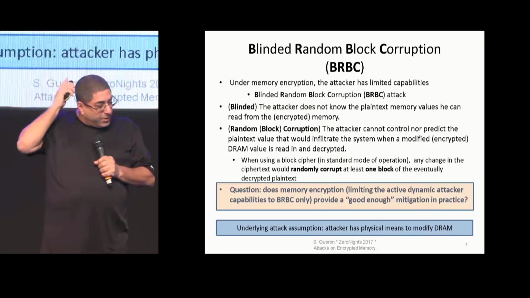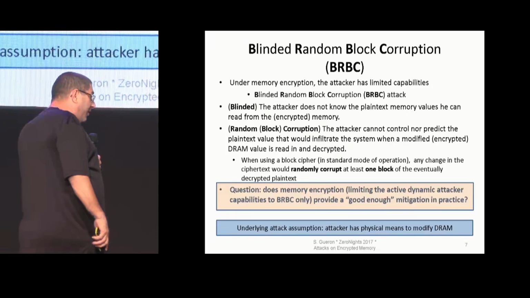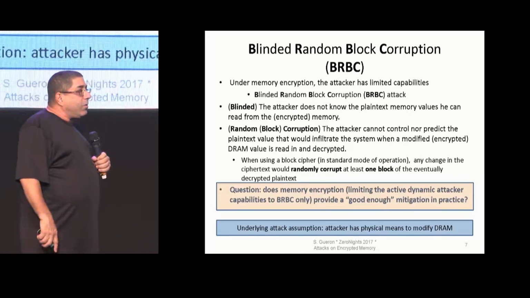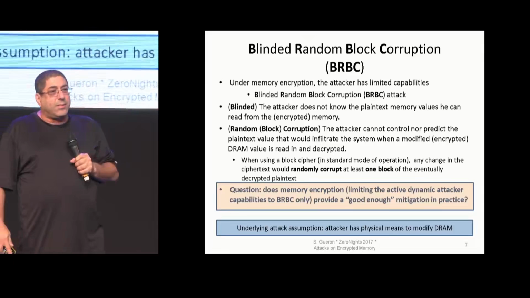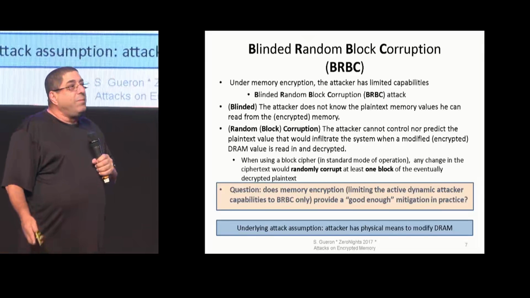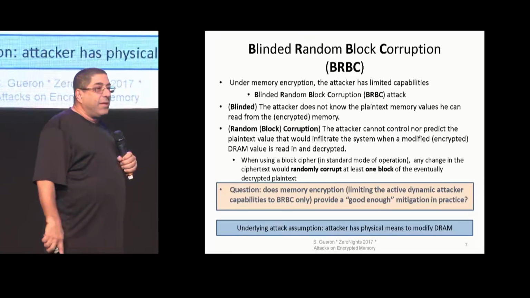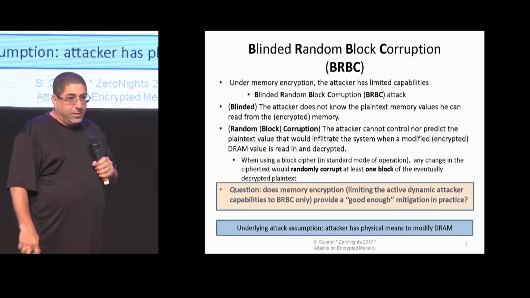So the question is, now that the attacker is so limited, has so little control, maybe this is sufficient to have a good enough protection. What do we mean by good enough? Well, maybe in practice there isn't anything you can do in order to attack this system.